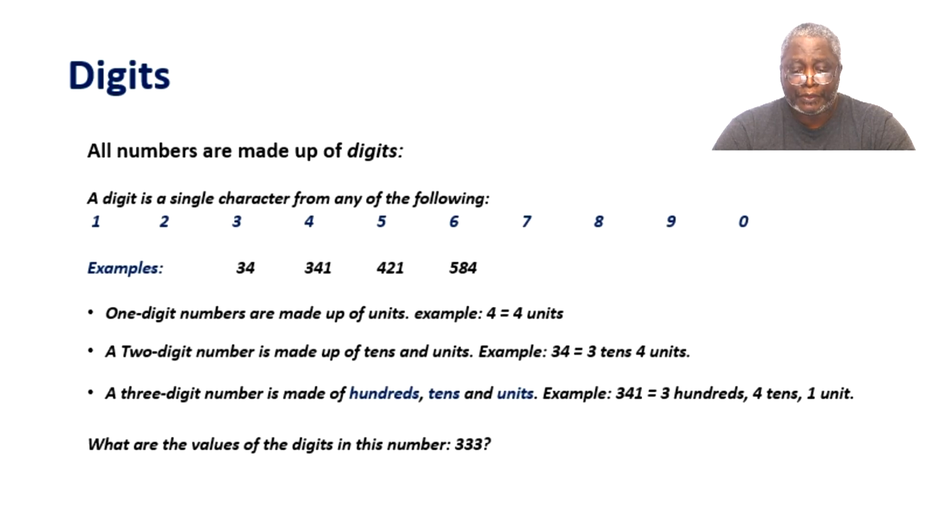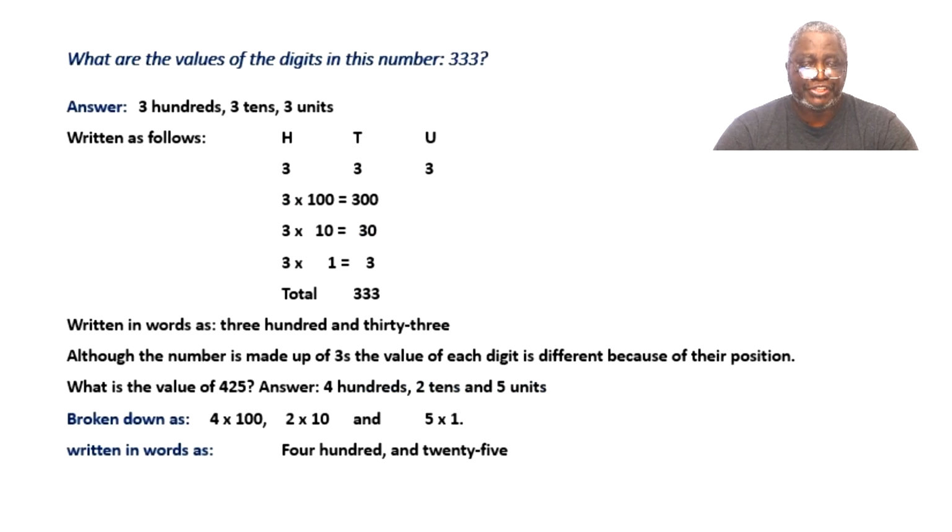Example: 341 is equal to 3 hundreds, 4 tens, and 1 unit. Let's look at this number 333, made up of 3 threes. What are the values of those digits in that number? The answer, you have 3 hundreds, you have 3 tens, and you have 3 units.